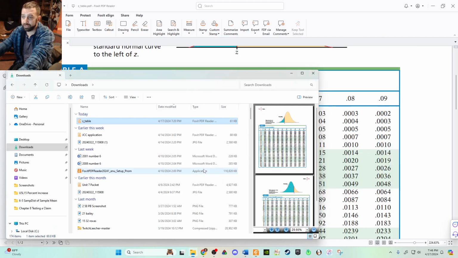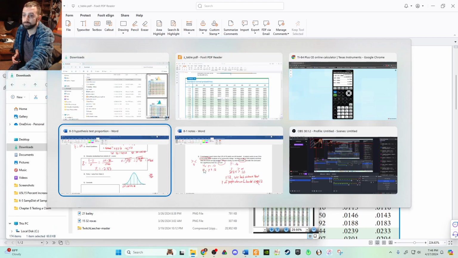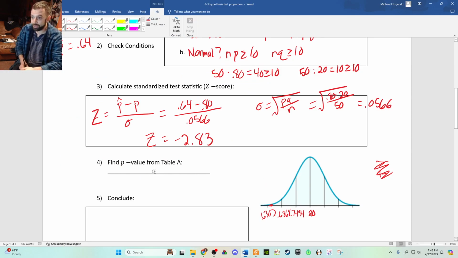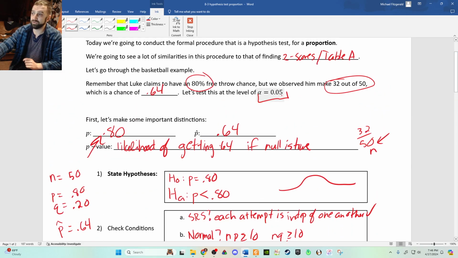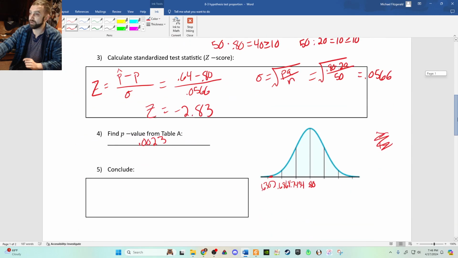That's a probability. Our p-value is 0.0023. And let's recall, the way we conclude is by comparing it to the alpha level of 0.05.